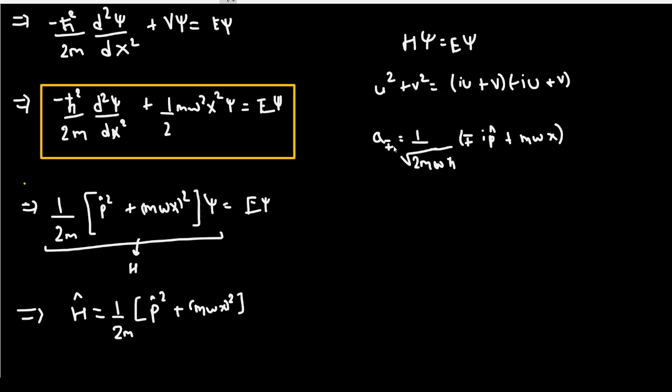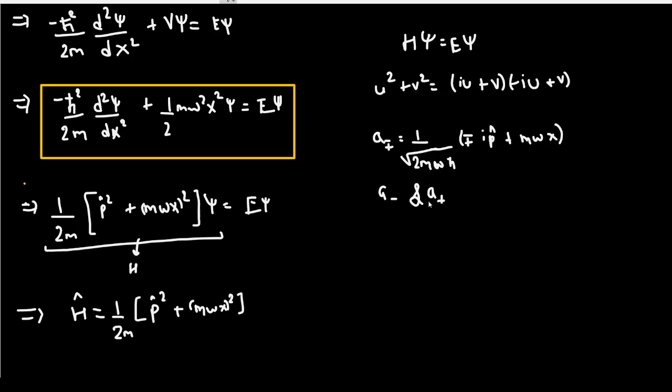So what exactly are ladder operators in quantum mechanics? Ladder operators in quantum mechanics are generally very useful in changing the energy of our system. Suppose there is an energy E of a particular system, and we apply our ladder operator. There are two types of ladder operators, A minus and A plus, and both have different work.